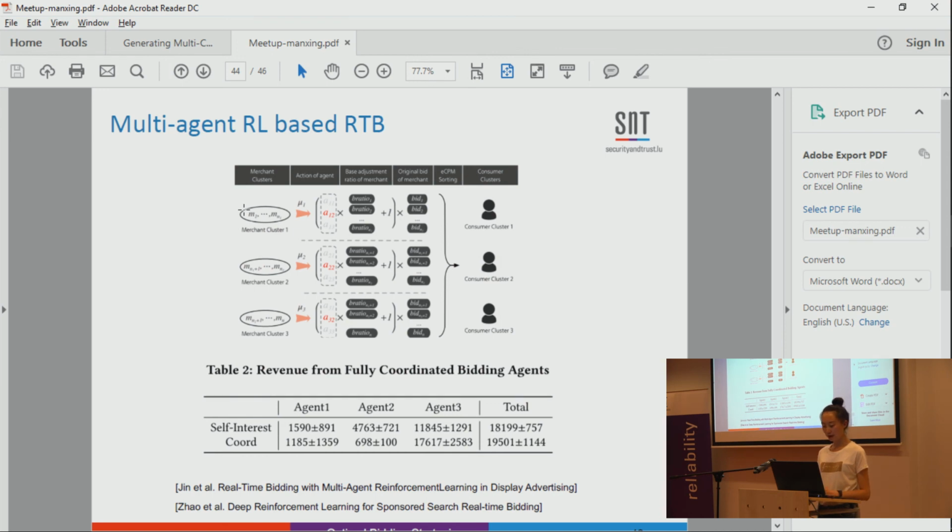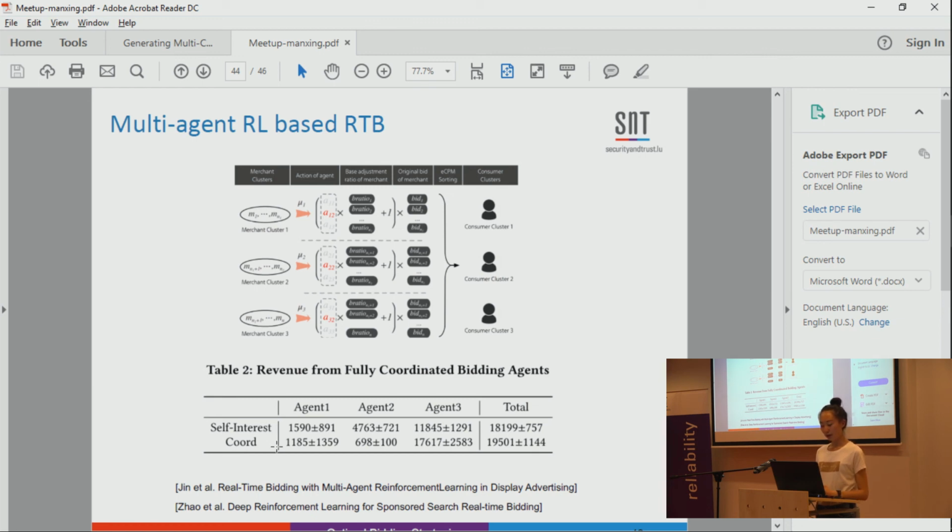That's why they make the advertisers form a number of clusters, and for one cluster they can train a policy. Let's say in this case they have 3 agents, and these agents can set a common goal to achieve, or they can also set their objectives separately.